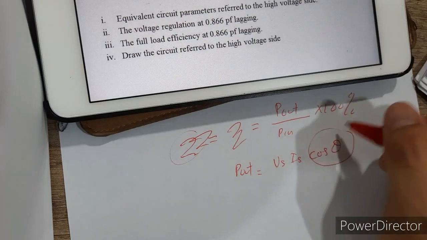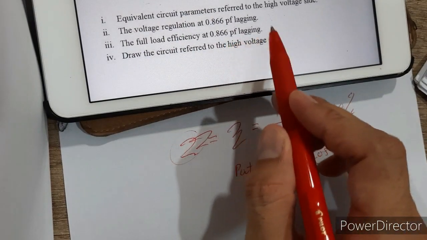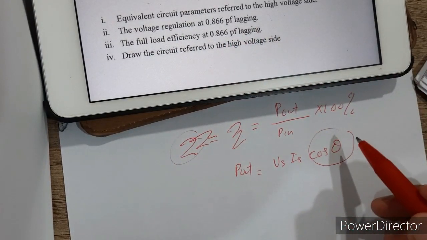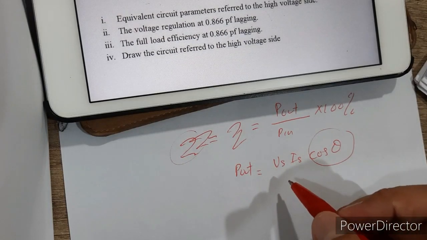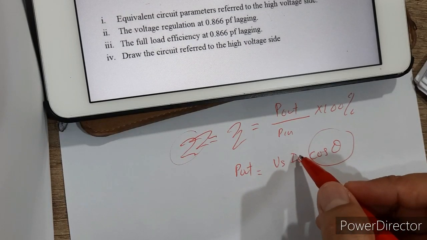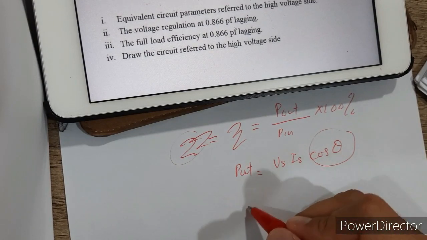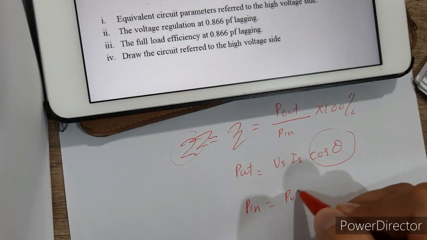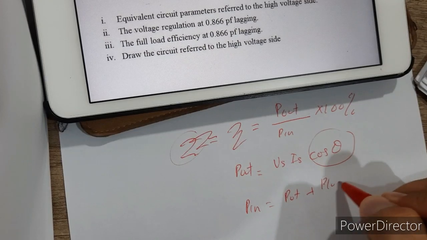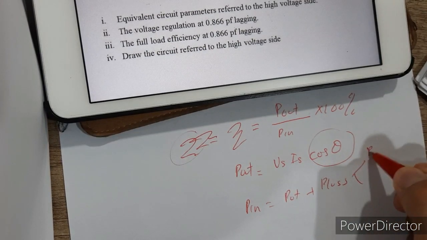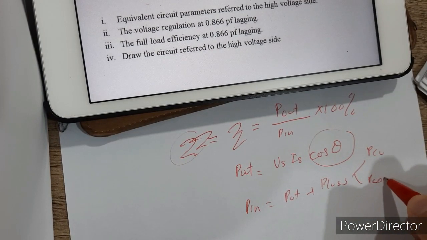Cos theta is based on 0.866 power factor lagging. VS is based on the rated value, and IS is based on S divided by VS. And then Pin equals PR plus P loss, the total P loss, which is PCU and P core.